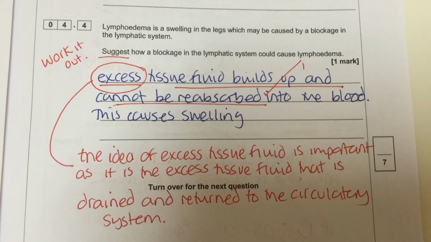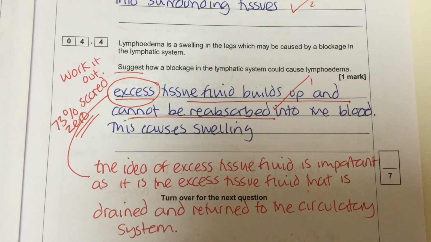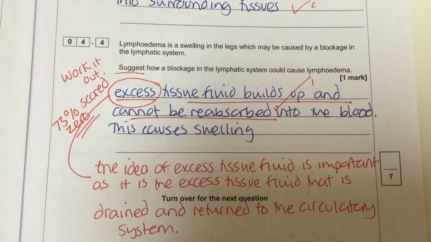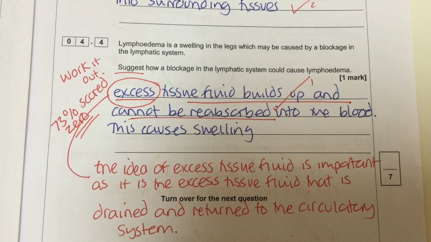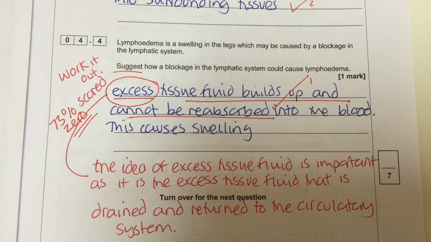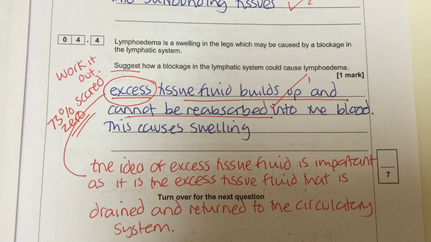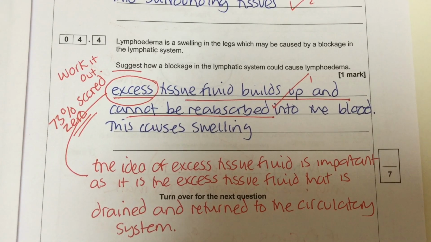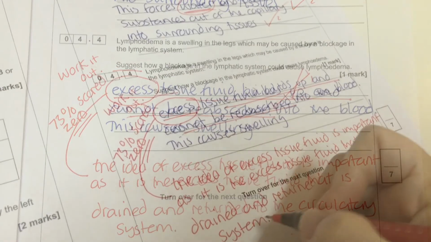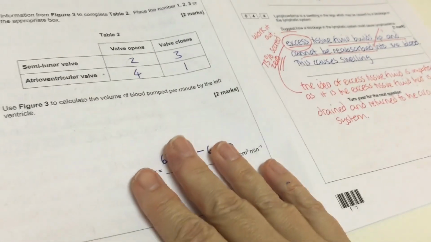Normally what happens is blah, blah, blah. It's not asking you about normally, it's asking you about what will happen if there's a blockage. If you talk about what happens normally, you're asking the examiner to do the work. You're asking the examiner to work out what would happen otherwise. So you really need to focus on what the question is asking. So the key to this, once again, is about being specific in your wording, specific in your terminology.